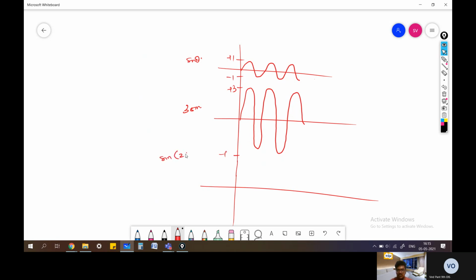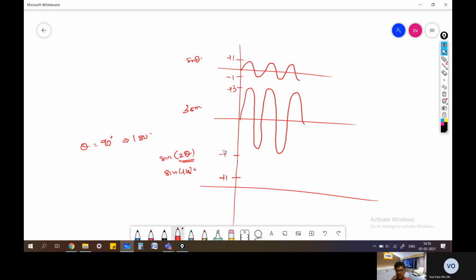But when I say sine 2 theta, I am multiplying inside. That means when I put theta as 90 degrees, the whole thing is becoming 180, sine 180. So it will shrink.